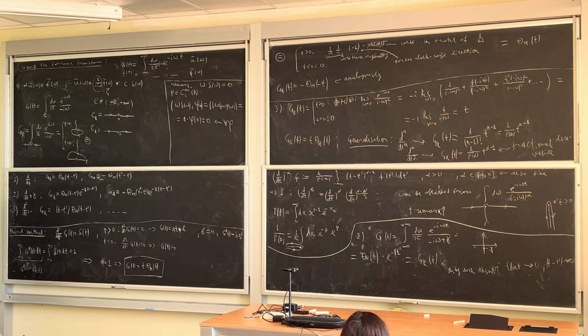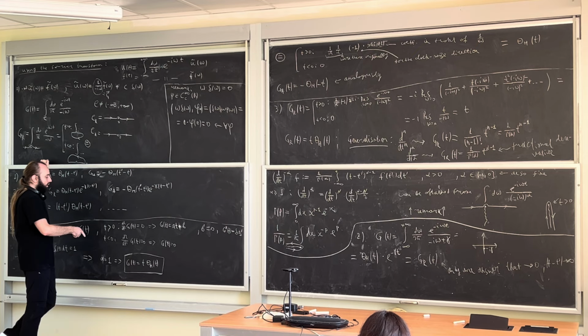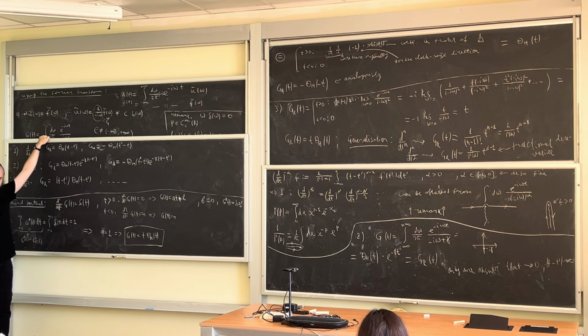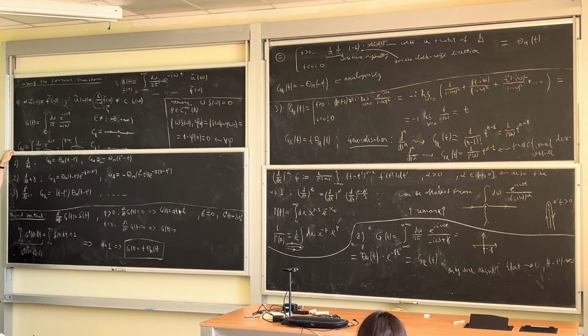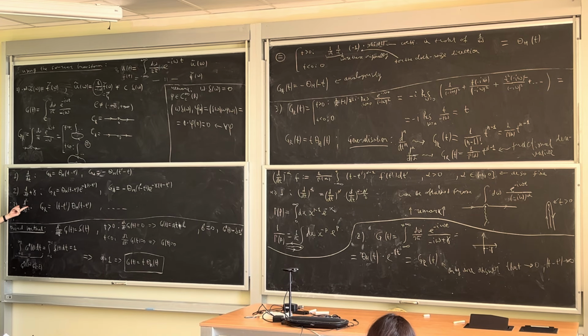In a sense, they equal a solution of the homogeneous equation everywhere except the point where we have a delta function, and at that point they have an appropriate discontinuity. In the previous case we had a first order operator, so the discontinuity was in the value of the function. In this case we had a second order operator, so the discontinuity was in the first derivative. And this method can be used for more complicated cases.